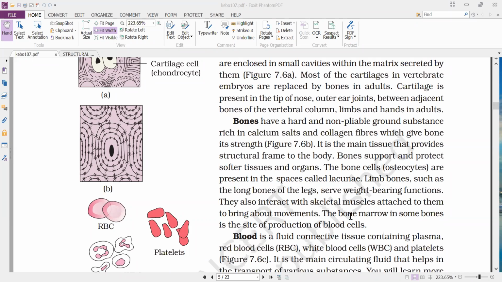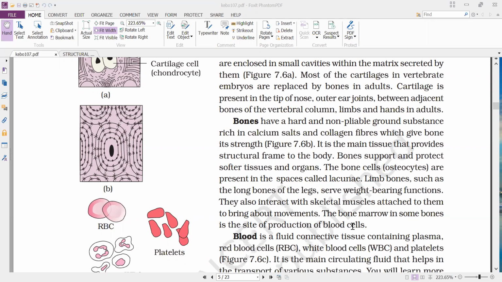The bone marrow in some bones is the site of production of blood cells. When you observe the long bones, inside them you will find a cavity called the marrow cavity, and this cavity is filled with a substance called bone marrow.